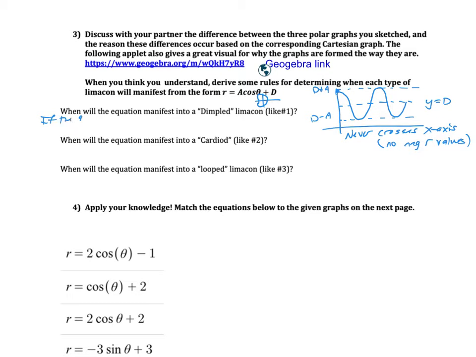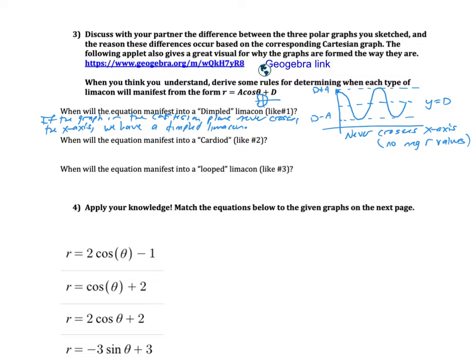If the graph in the Cartesian plane never crosses the x-axis, we have a dimpled limacon, because r is always positive or always negative.